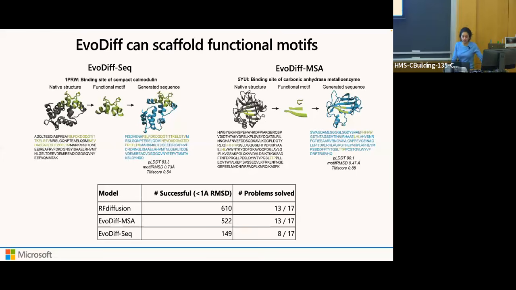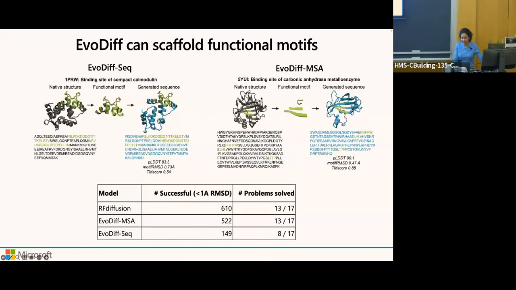In terms of why we are able to do decently well in this test, I think really we see a big gap in the overall performance between the sequence-based model and the MSA-based model.